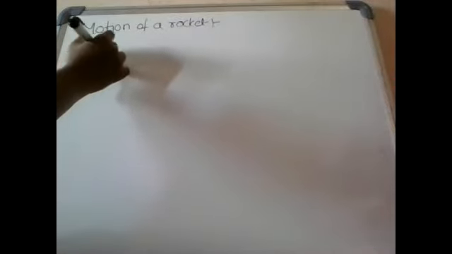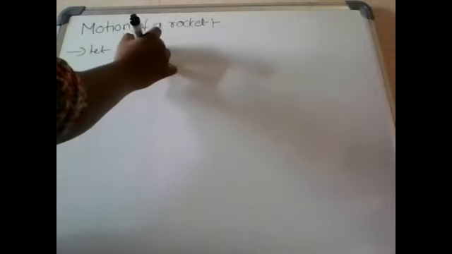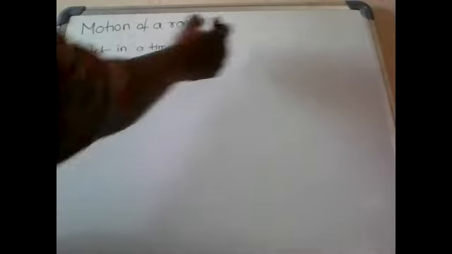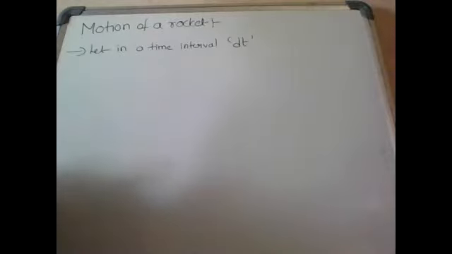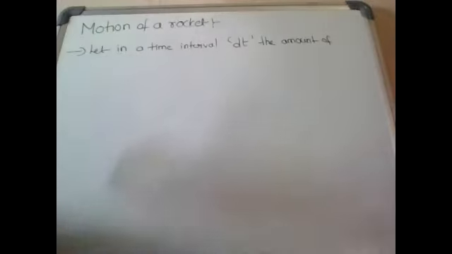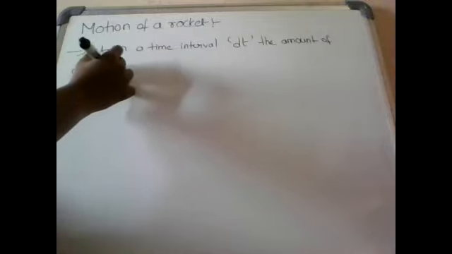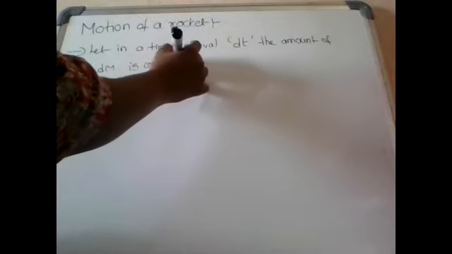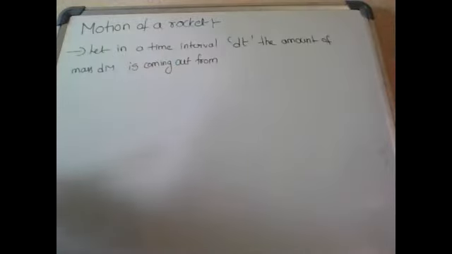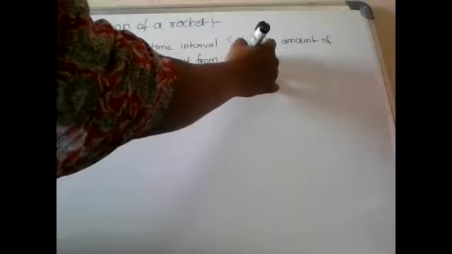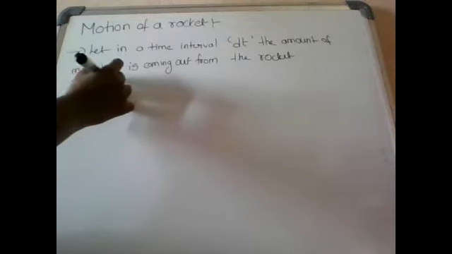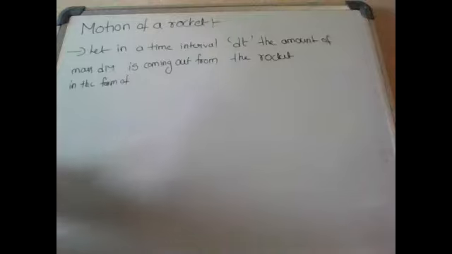Let in a time interval dt, the amount of mass dm is coming out from the rocket in the form of gas jet.